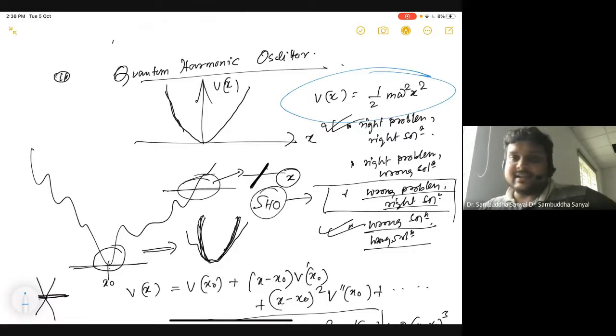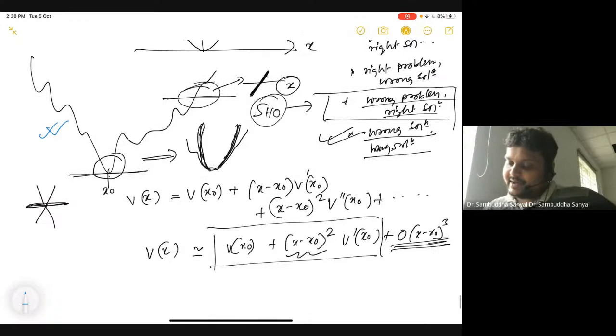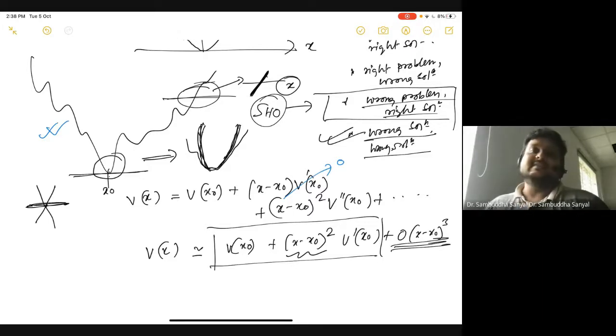It is basically for a large class of potentials, and we are looking near the minima. Since we are looking near the minima, we can always do the Taylor expansion, the first derivative drops out to be zero, and the second derivative term is a potential of this kind of functional form. So now we will discuss how to solve this equation.